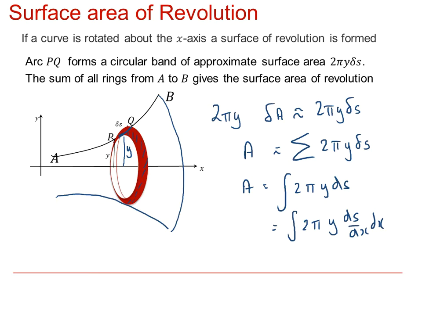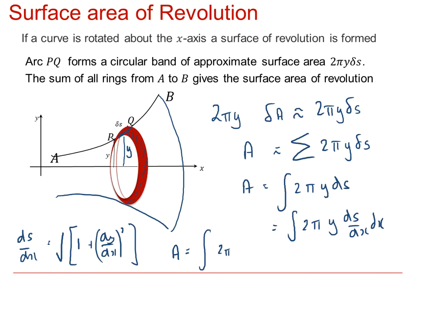In a previous video we saw that ds by dx was equal to the square root of 1 plus dy by dx all squared. This is using Pythagoras' theorem in a limiting process again, and therefore we can substitute that to give the final expression for area being equal to the integral of 2 pi y, and then the expression for ds by dx, the square root of 1 plus dy by dx squared.